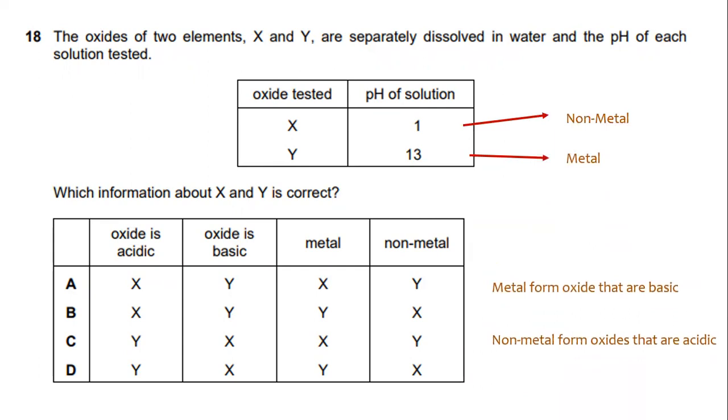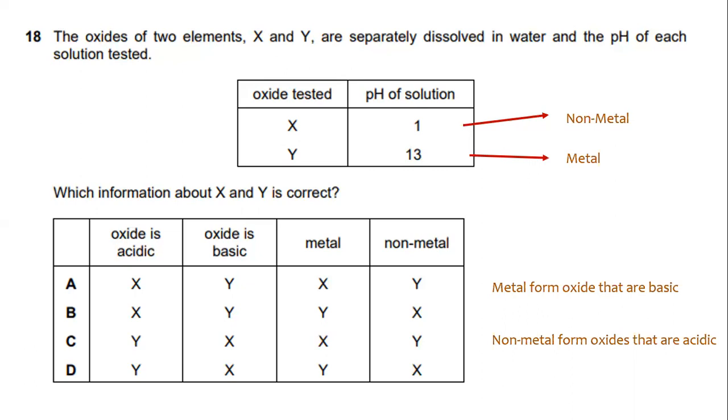To answer this, look at this. Metals form oxides that are basic. This already came out in the previous summer 2022 questions. Remember, metals form oxides that are basic, so you have to find the metal.